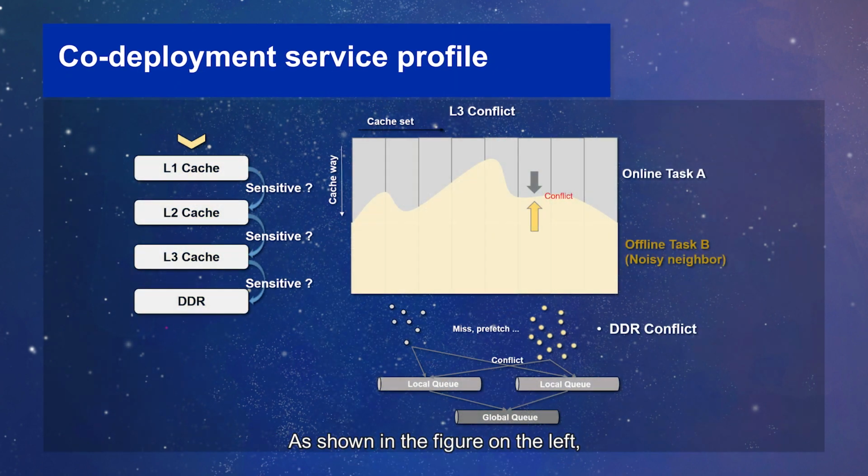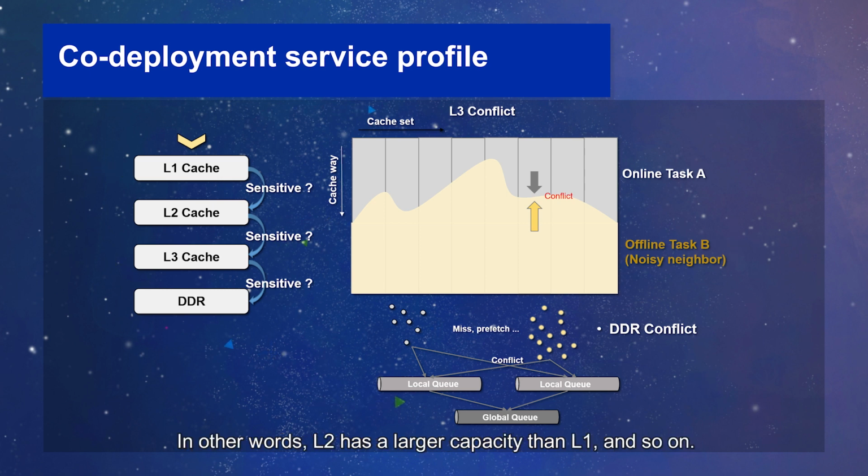As shown in the figure on the left, servers generally have multiple layers of cache. The higher the cache level, the larger the capacity. In other words, L2 has a larger capacity than L1, and so on. Additionally, if L2 is sensitive, there is a high probability that L3 is sensitive, and vice versa.